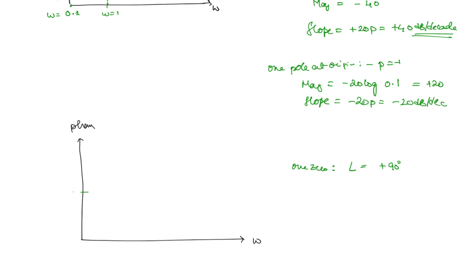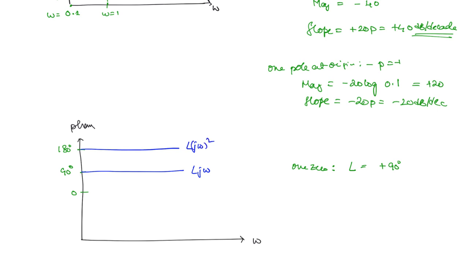So let us say this is 0, then at 90 degrees you will have the phase plot of 1 0, angle j omega. Then what about if there are 2 zeros? Then it is going to be plus 180 degrees. So here also it is going to be a constant function irrespective of the frequency.